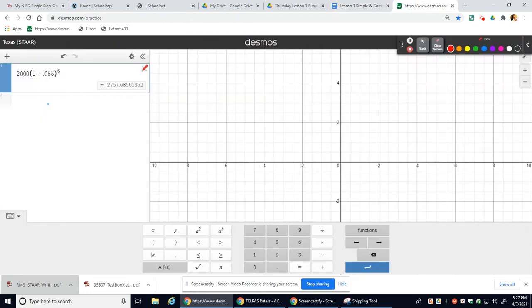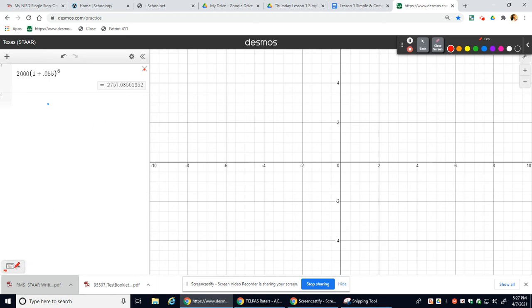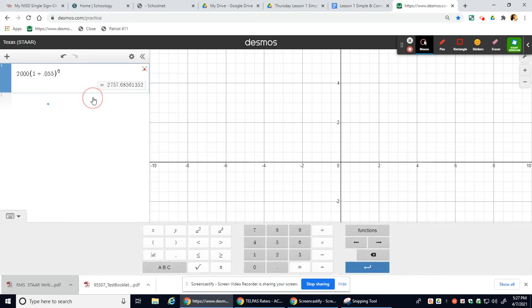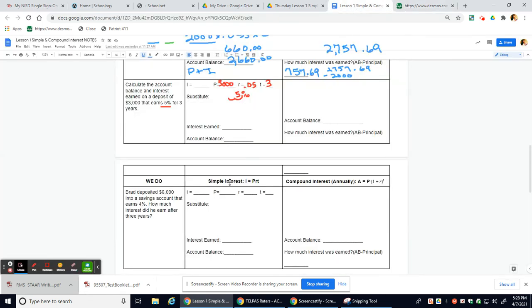So once again, I go ahead and come here and type that was $3,000 times the rate of 0.05, and I'm leaving that for 3 years. And that's going to earn $450 of interest.